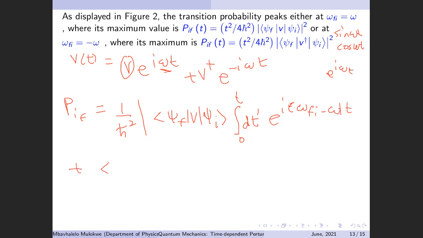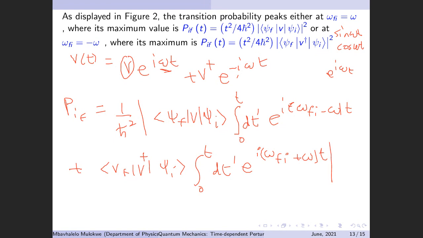Then you do it for the other part. So you get psi final V dagger psi initial, integral from 0 to t dt prime e^(i), but now it's coming with a different sign, omega final initial plus omega multiplied by t, and then you have to square everything.